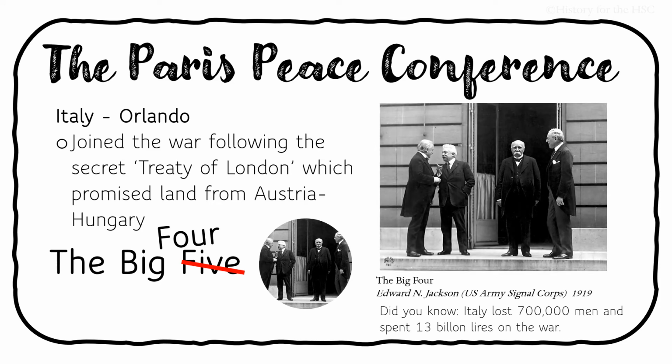Italy had a massive contribution to the war. 700,000 men died, and 13 billion liras were spent on the war, which far surmounted anything the government had spent on pretty much anything for the previous 30 years.